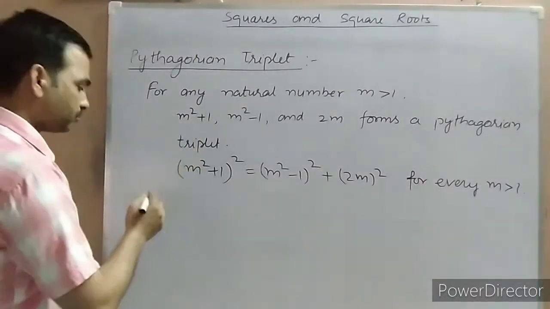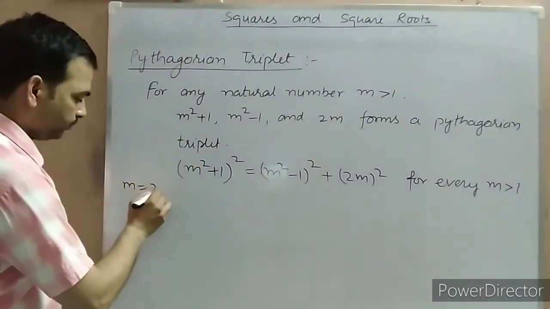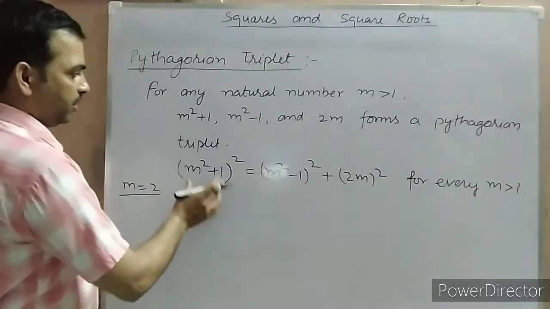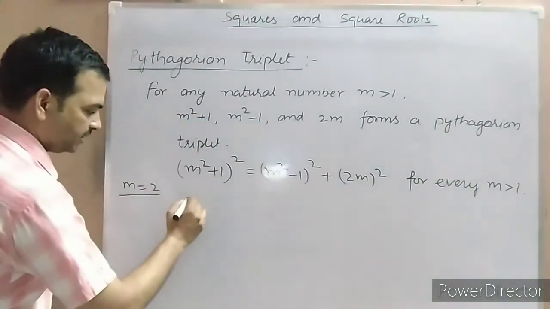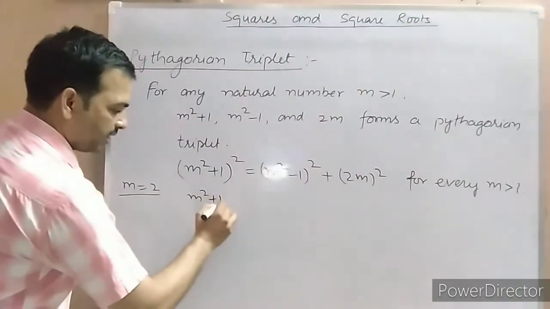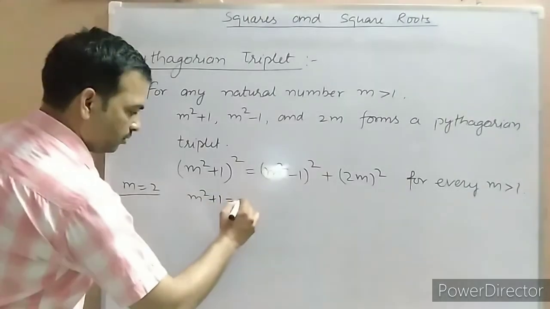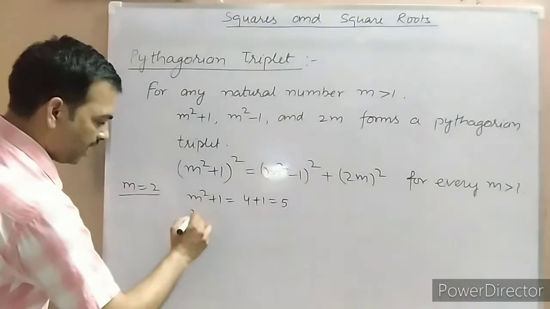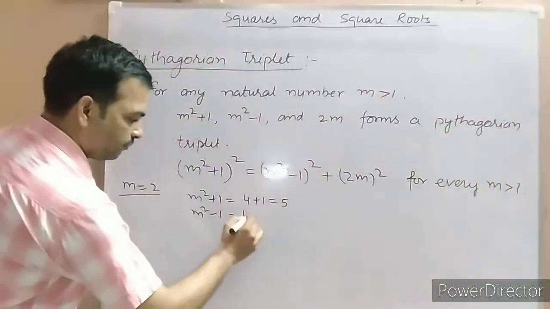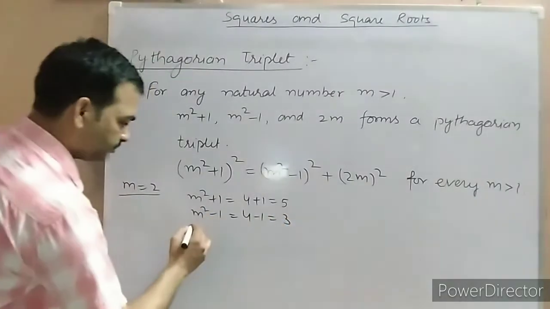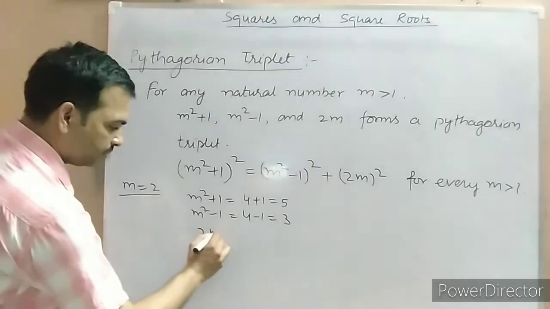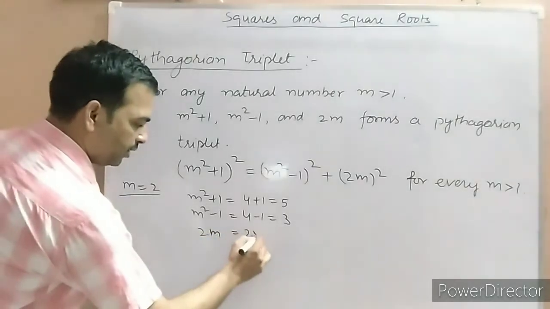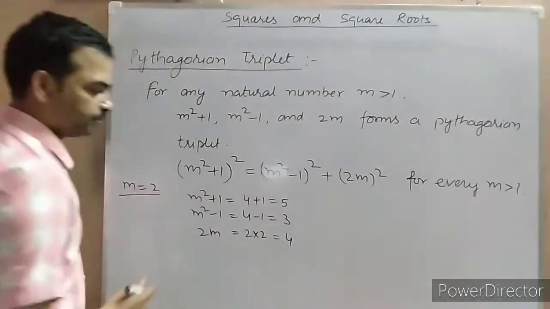Let's see. For m equal to 2, m square plus 1 is 4 plus 1, which is 5, m square minus 1 is 4 minus 1, which is 3, and 2m is 2 into 2, which is 4.